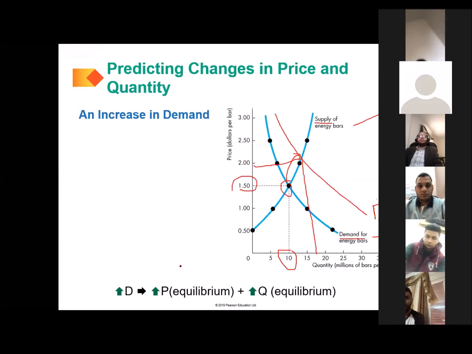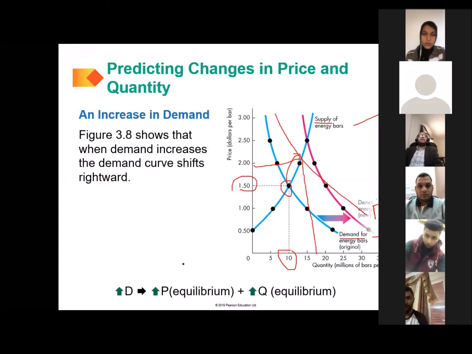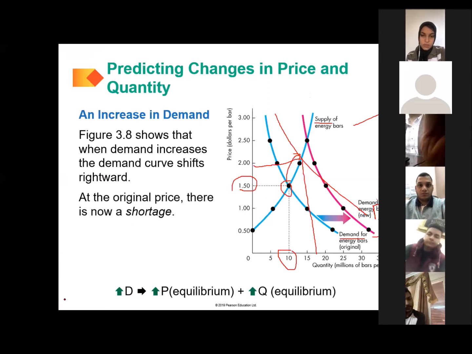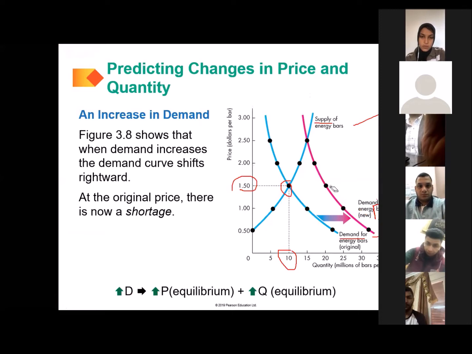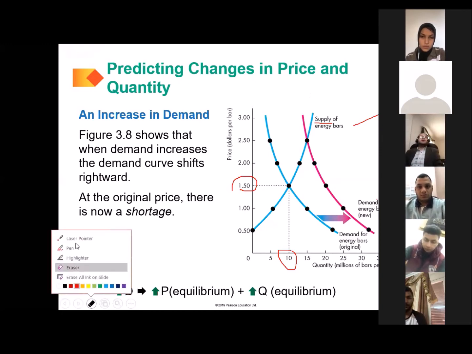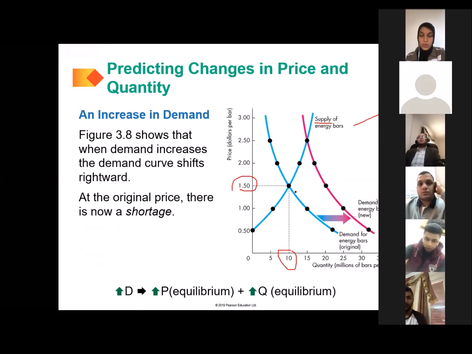So returning back to our graph. If income increases, as we see here, the demand will increase. So let me erase what we already explained here. Now this is the case when the demand increases.